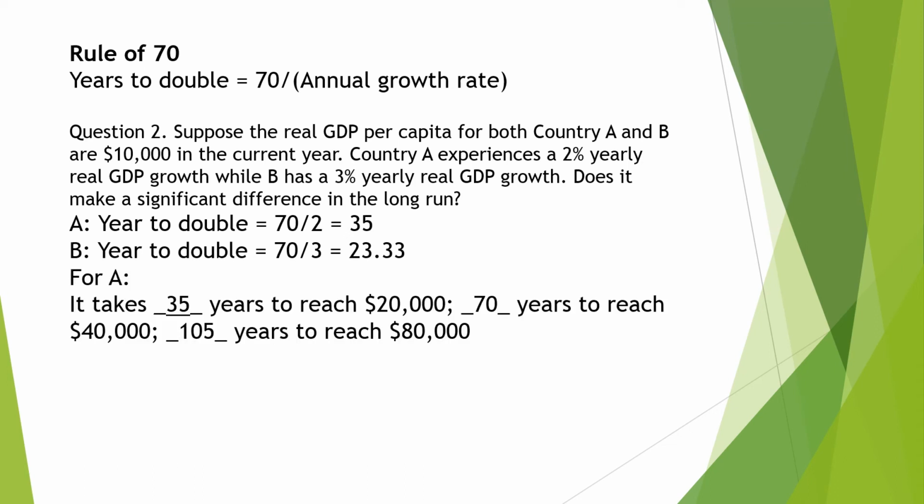For country A, the first double takes their GDP from 10,000 to 20,000. That takes them 35 years. The second double is from 20,000 to 40,000.